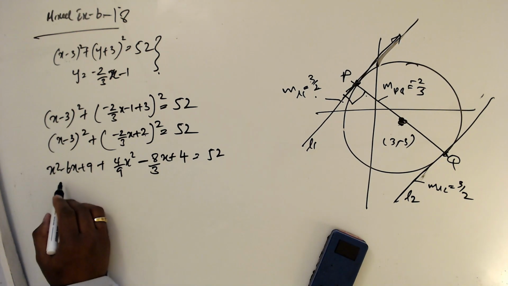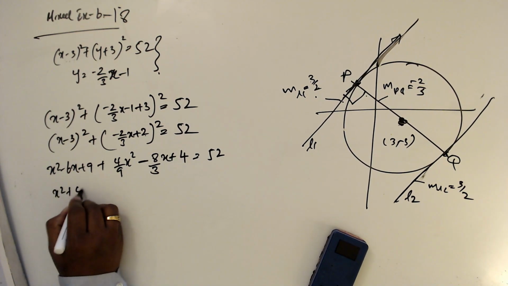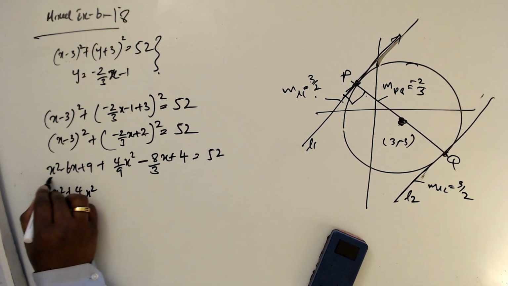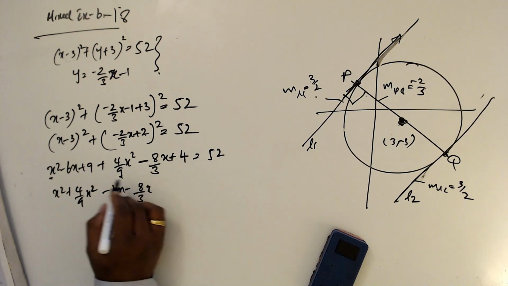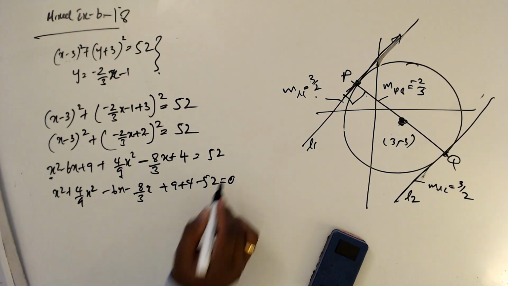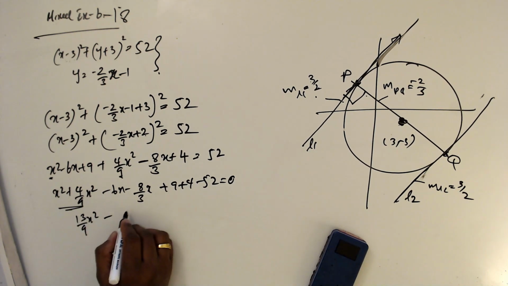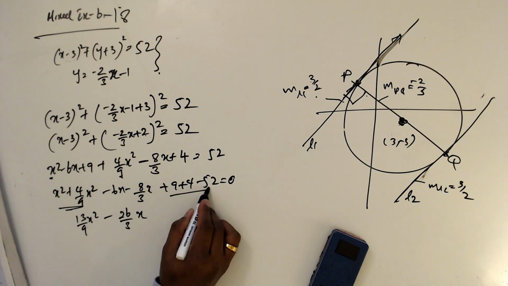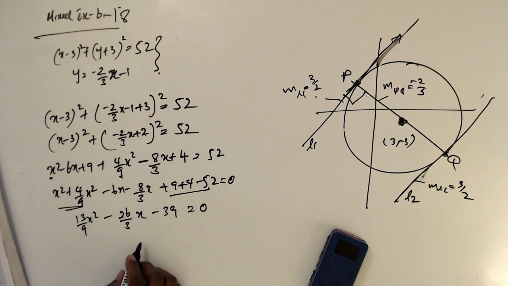Now x squared plus 4 over 9 x squared, minus 6x minus 8 over 3 x, plus 9 plus 4 minus 52 equals 0. So this is going to be 13 over 9 x squared minus 26 over 3 x, minus 39 equals 0.